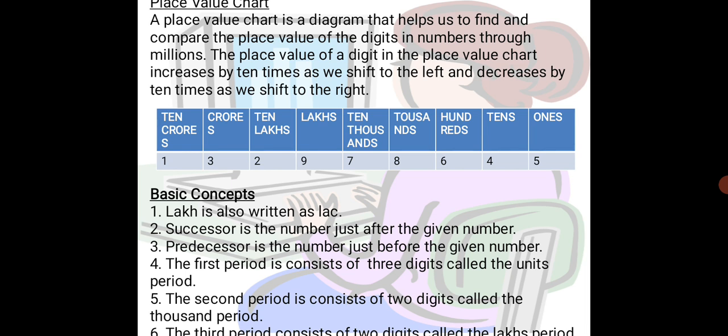The first period consists of three digits and is called the unit period. So the unit period consists of hundreds, tens, and ones. The second period consists of two digits, and that is called the thousand period.